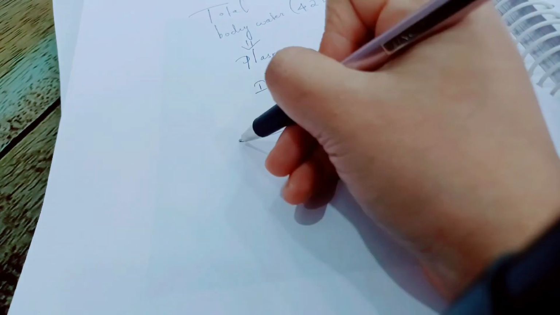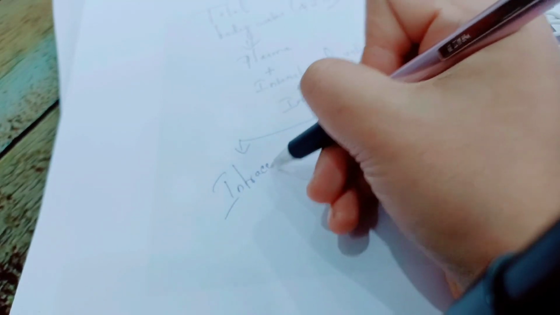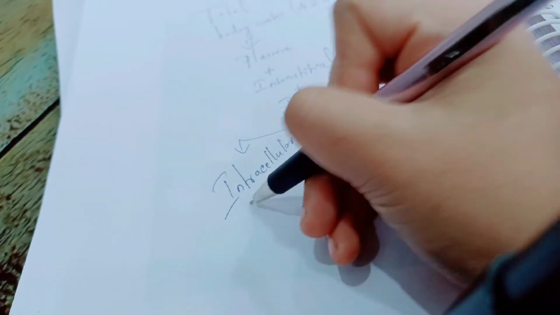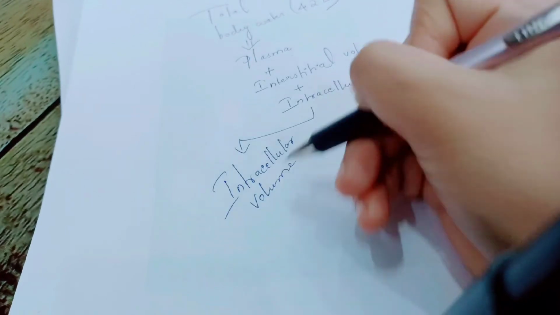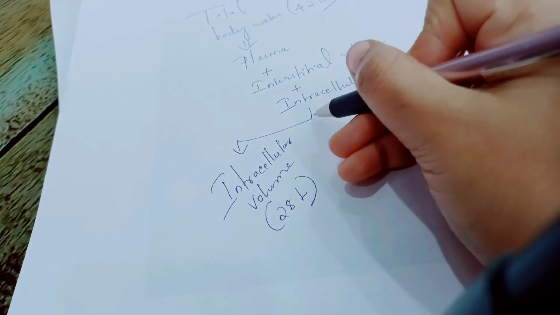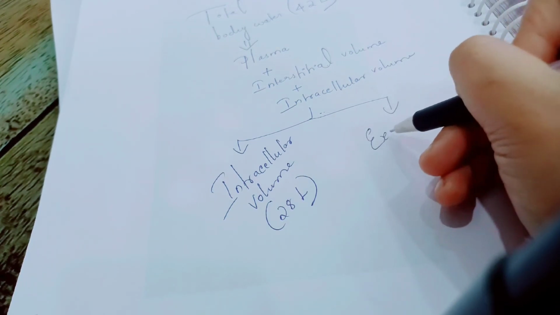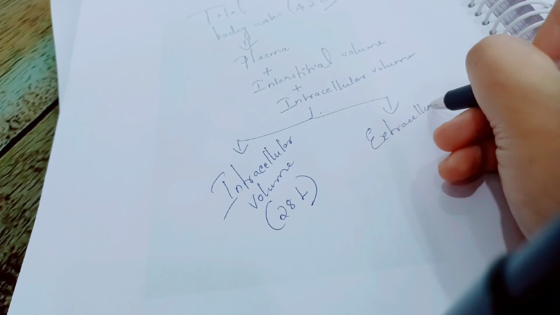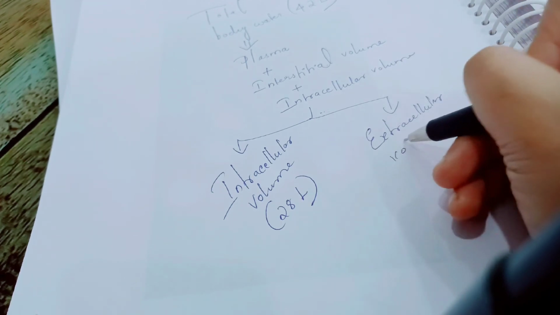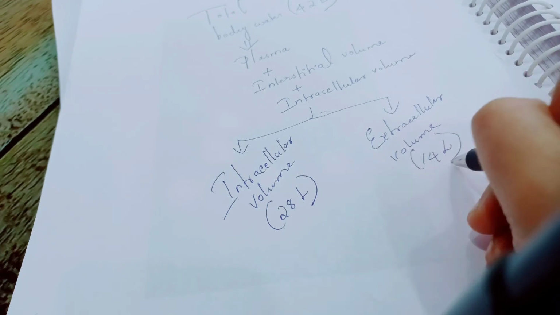If we separate out the intracellular volume, it constitutes around 28 liters, and the rest is the extracellular volume, which is around 14 liters.